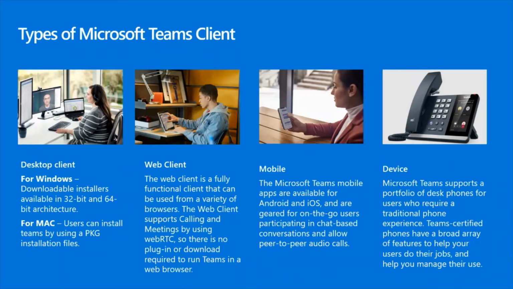For mobile apps, you can go to the relevant stores. It could be Google Play or the Apple App Store. The Windows phone app was retired on June 20th, 2018, and most probably it's not going to work. Now, the supported versions are something that IT admins might want to consider.